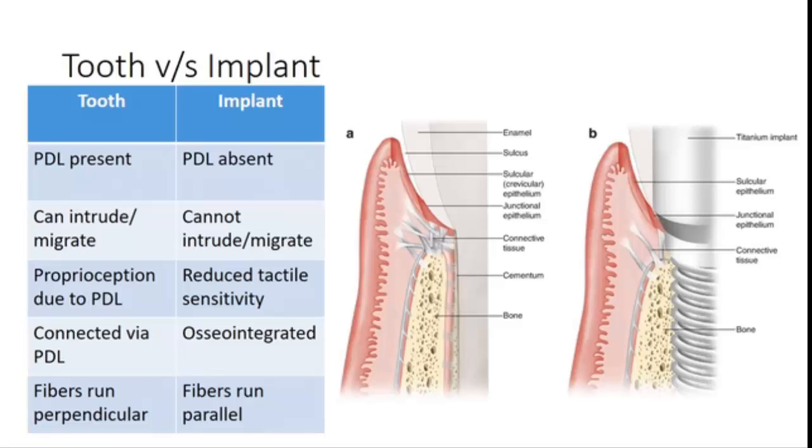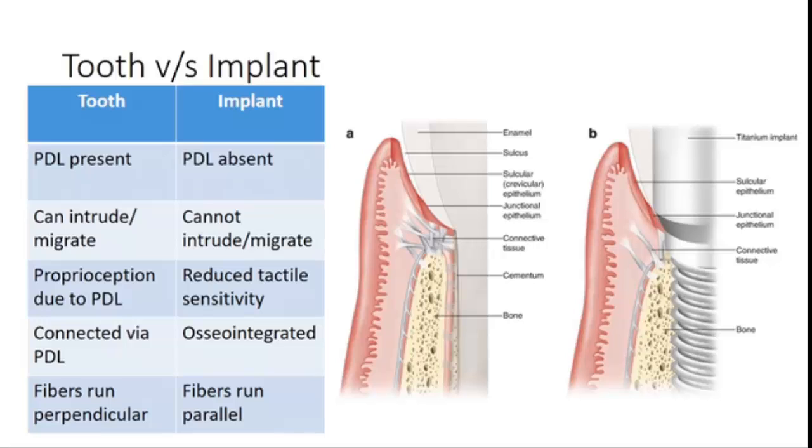The most important one is there is no PDL or periodontal ligament fibers in implants. So automatically your proprioception, your movement of the tooth is all lost, which is one of the basic functions of the periodontal ligament fibers.